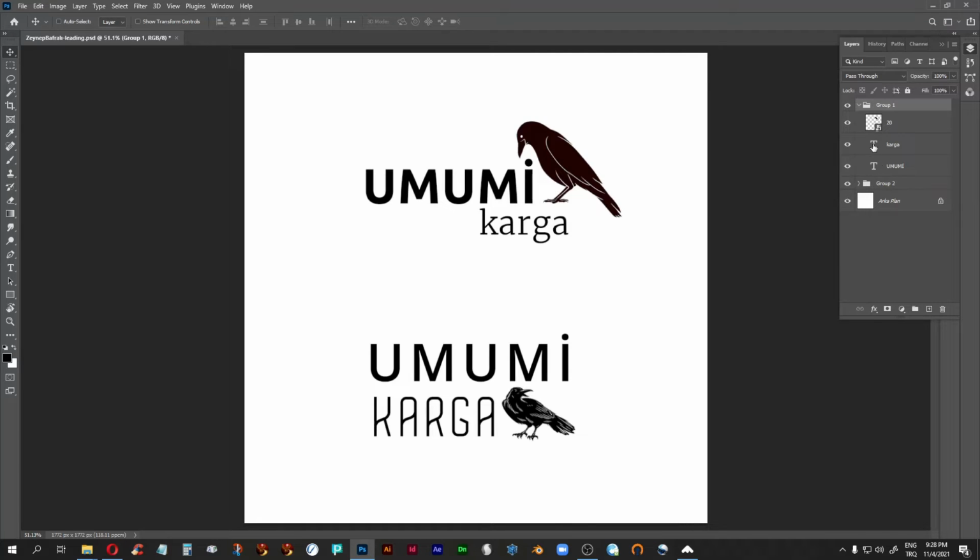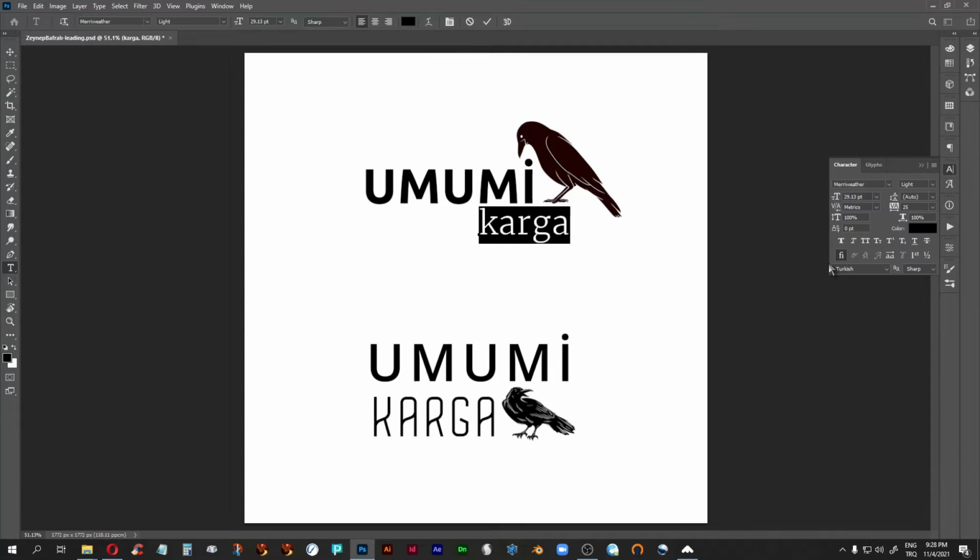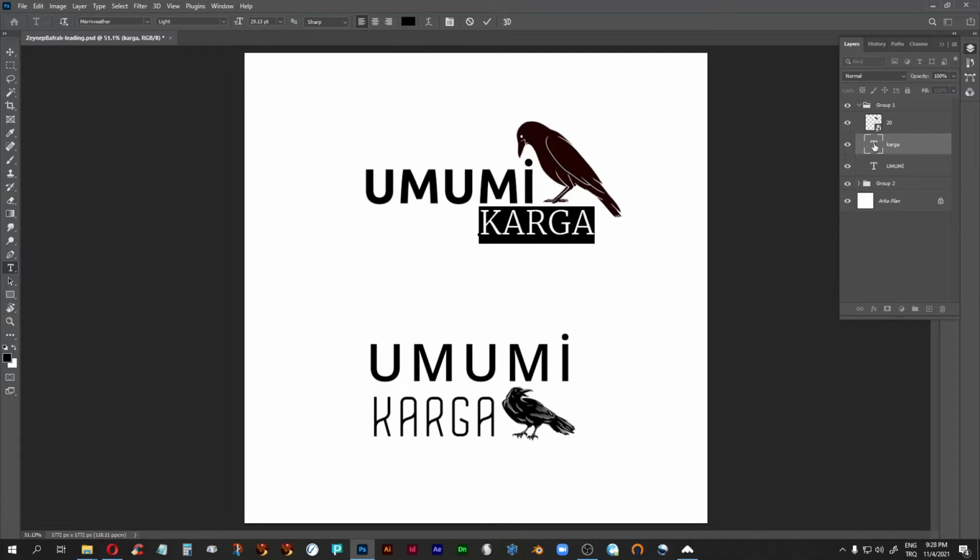So basically, what you could do is you could just make this uppercase, and your problem would actually be fixed. So if we look like this, then we no longer have that awkward space, and then we could even maybe decrease it a little bit, and things would pretty much be fixed.